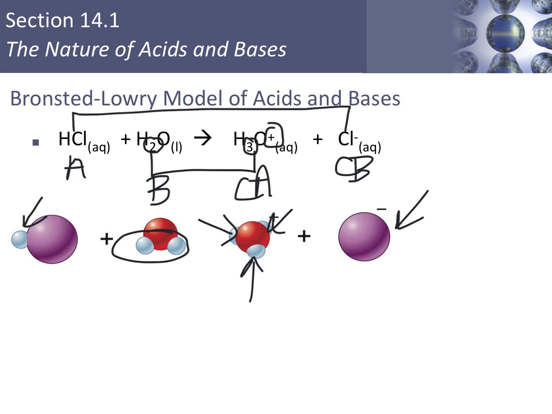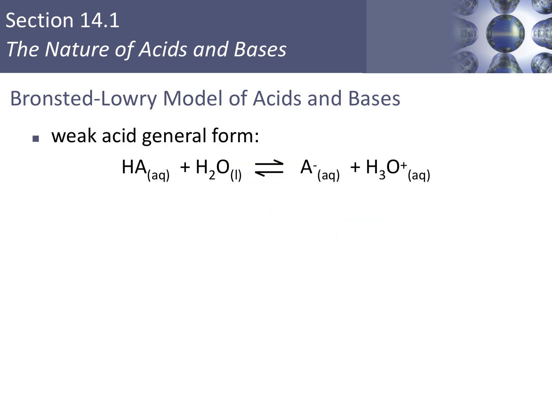In a Bronsted-Lowry equation, there will always be one acid and one base on the reactant side, and one conjugate acid and one conjugate base on the product side. In this example, we looked at hydrochloric acid, a strong acid, and you will see that usually represented with just a forward arrow. But we can have weak acids as well.